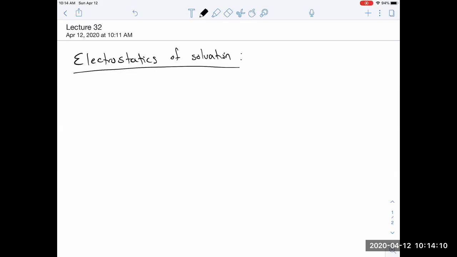All right, class. Well, after our review of electrostatics in general on Friday, we're now in a position to construct a simple model to think about how ions are solvated microscopically in a polar solvent. So today's lecture will be on just that, on the electrostatics of solvation.